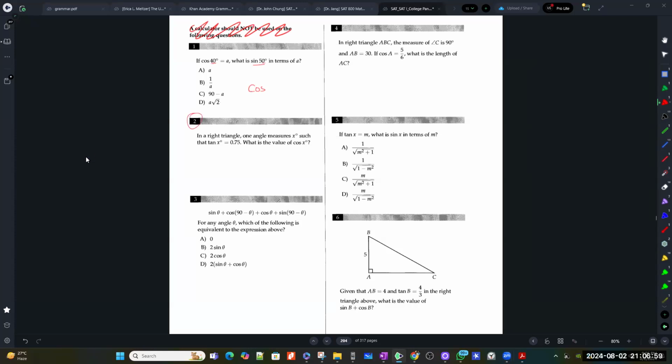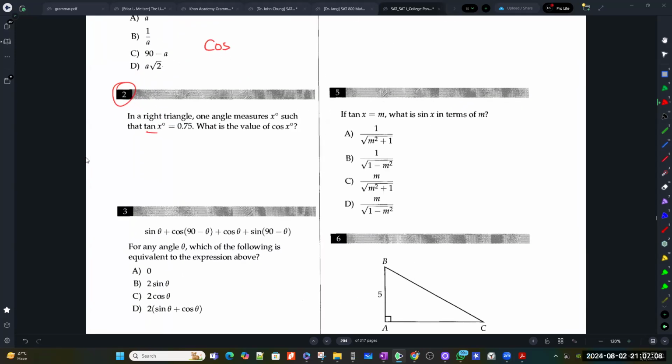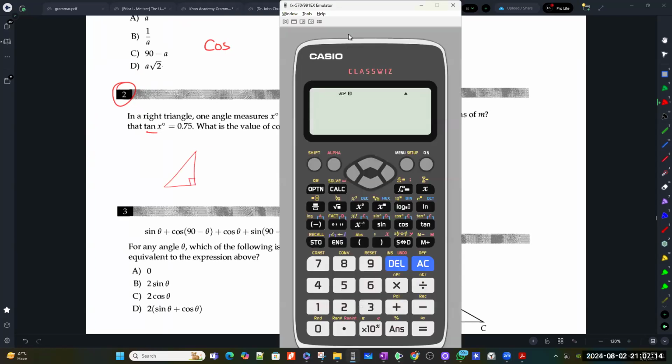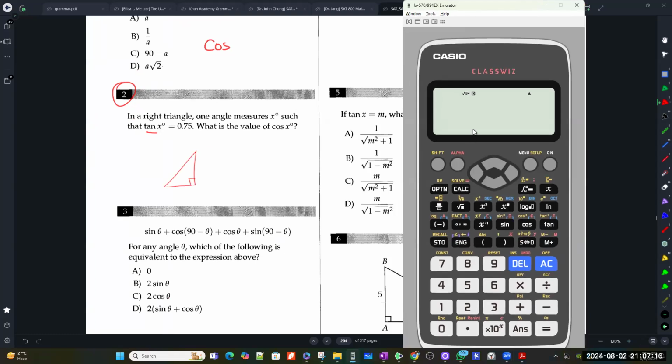Question number 2. Tan x is 0.75. I will show you both the ways. You might say you can find out the angle first by taking tan inverse of 0.75.